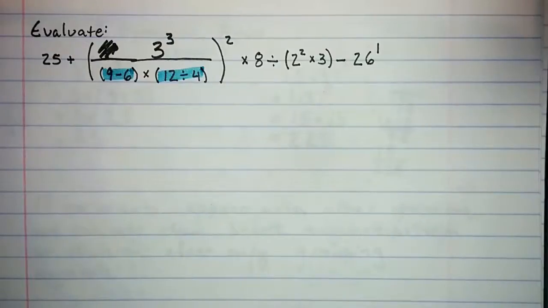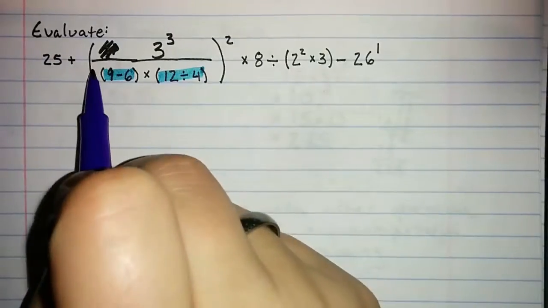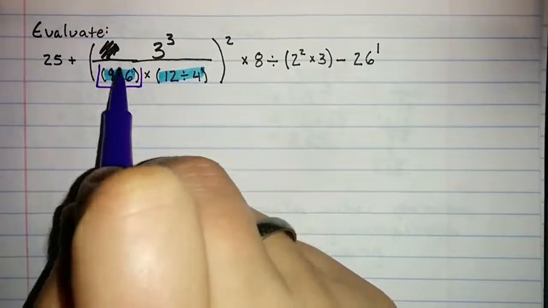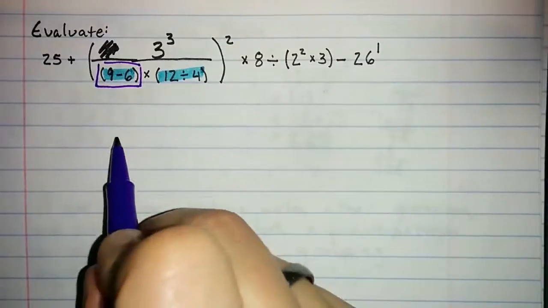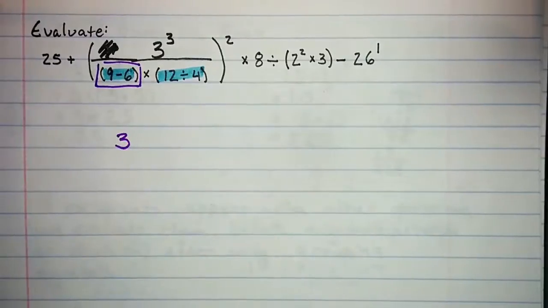These two sets of parentheses appear to be my innermost grouping symbol. So I'm going to choose one of those to evaluate first. I think I'm going to choose this. 9 minus 6 is 3. And now I'm going to copy the rest of the problem.